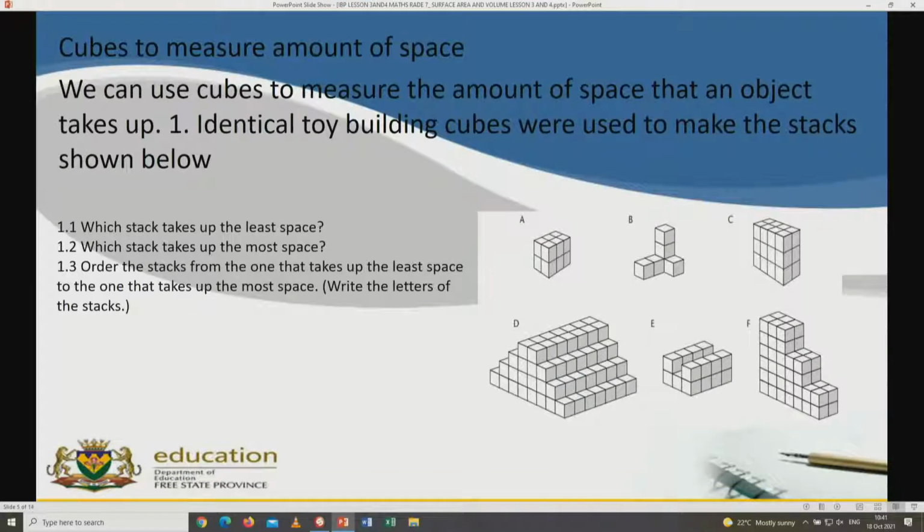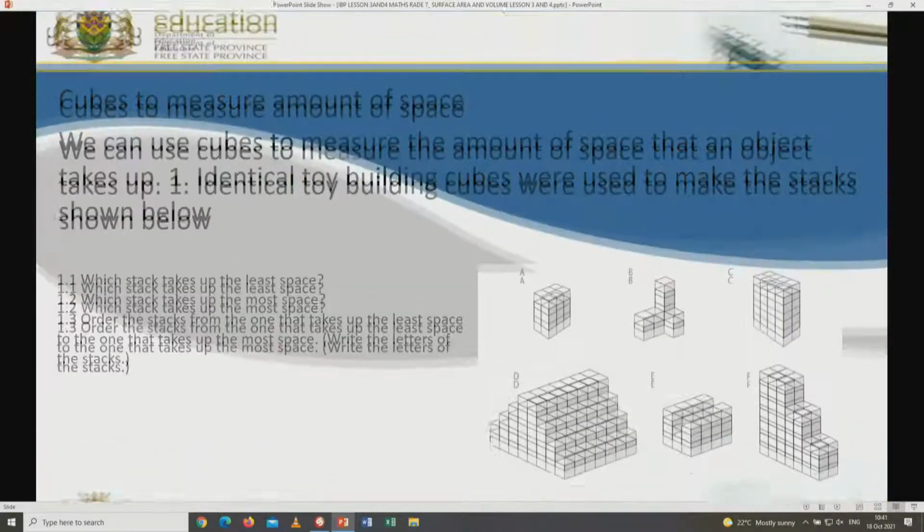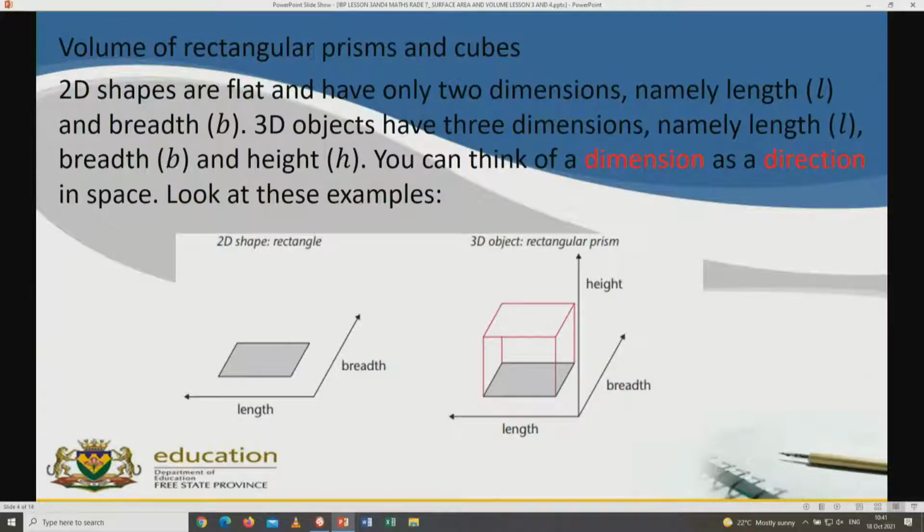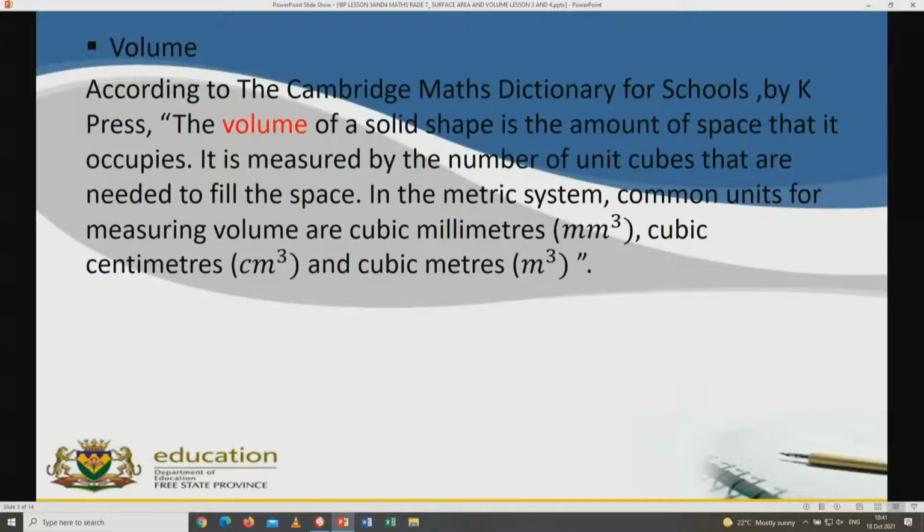Now, the cube is used to measure space, as we said, measured in cubic centimeters. And therefore now, let us look at the cubes to measure the amount of space. This is taken from where? From the definition. Remember, in the definition, we said the volume of a solid shape is the amount of space that it occupies.